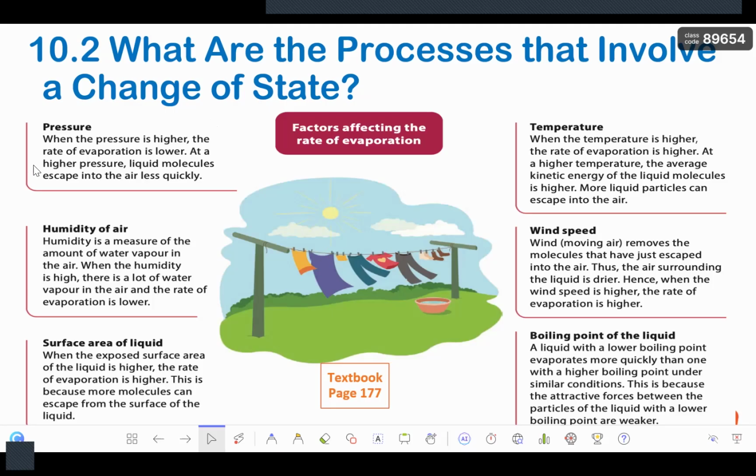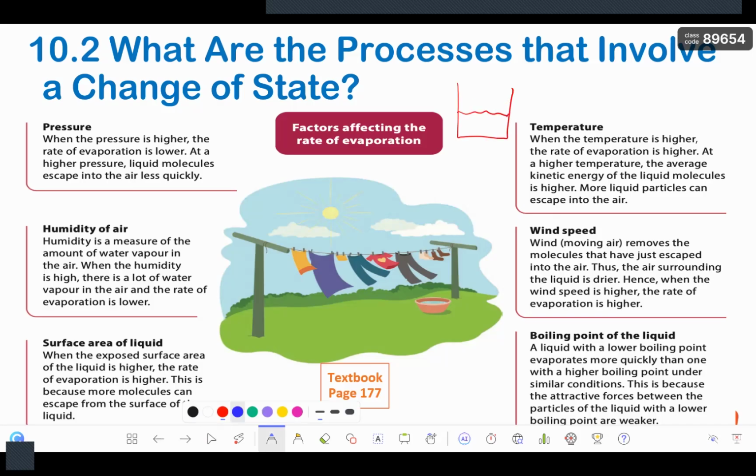So number one is pressure. Pressure actually affects not only evaporation, it also affects boiling, and later on I'll share about how a pressure cooker works. When the pressure is very high, pressure is caused by the gas molecules around it. So for example, let me draw a beaker. I have my liquid.